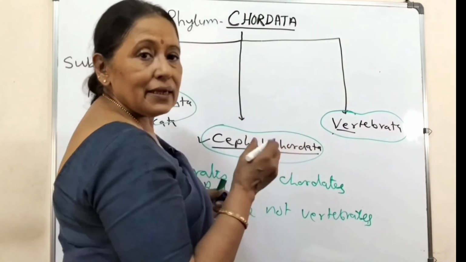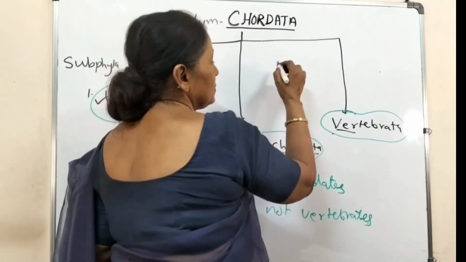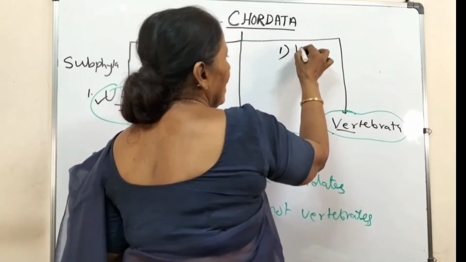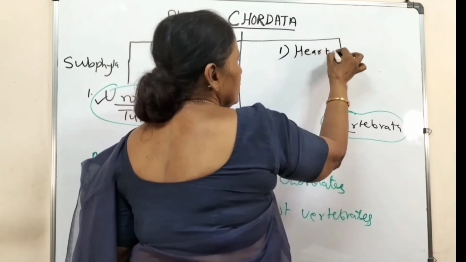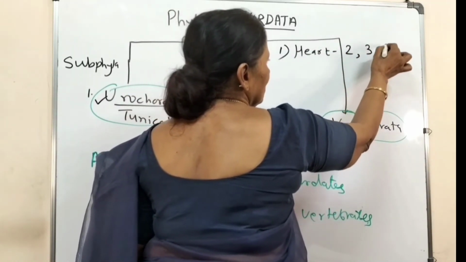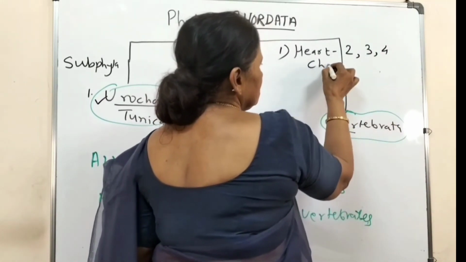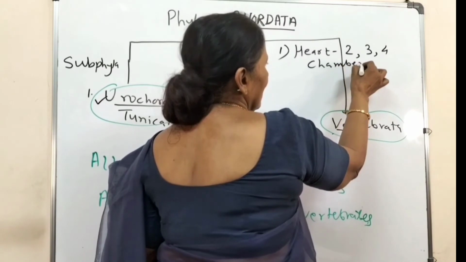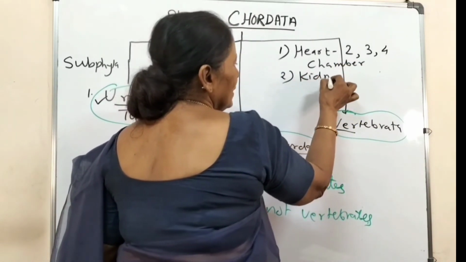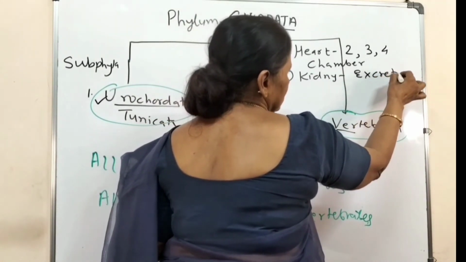Other than the basic characters of chordata, vertebrates show some other characters also. First, the heart may have 2, 3 or 4 chambers. Second, there is kidney for excretion as well as osmoregulation.